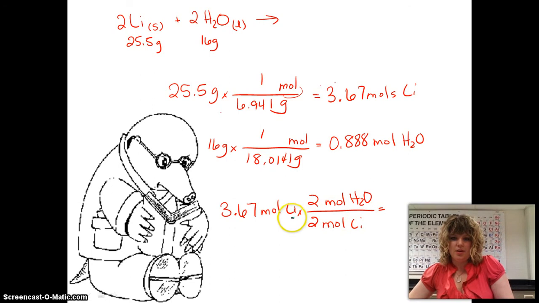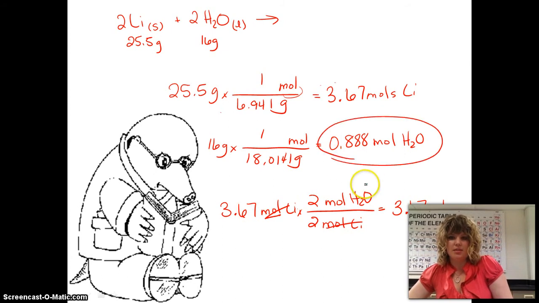And so we are basically going to get 3.67 moles of H2O is what we're going to need, because moles of lithium cancel out. So since we obviously can see that we don't have nearly that much water, that's a problem. So we know that since this is greater than this guy, this would be a perfect reaction. We'd have to have the same amount of moles. So this would be our limiting reactant. Okay.